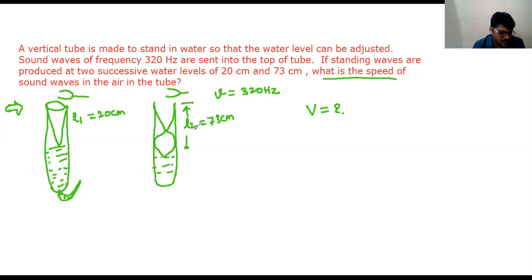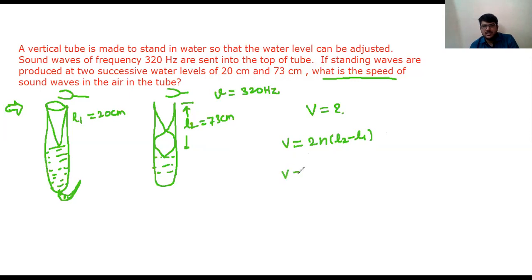V is equal to 2n into L2 minus L1. We will see in yesterday's notes. You will get this formula. Velocity of sound is equal to 2 into frequency into second resonating length minus first resonating length.